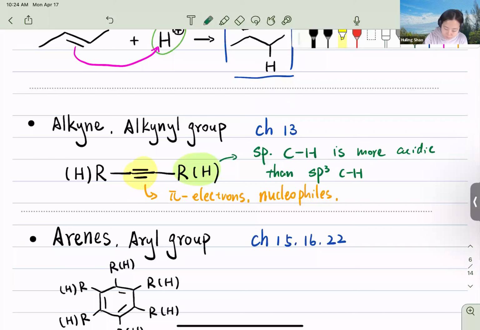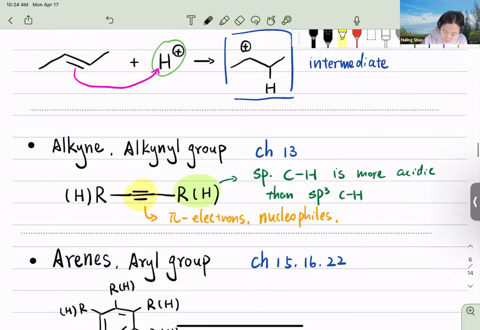So for example, in this alkyne group, when we're saying this is an H, we have a hydrogen bonded to this triple bond carbon, or we can have an R group bonded here. H is abbreviating hydrogen, nothing mysterious.